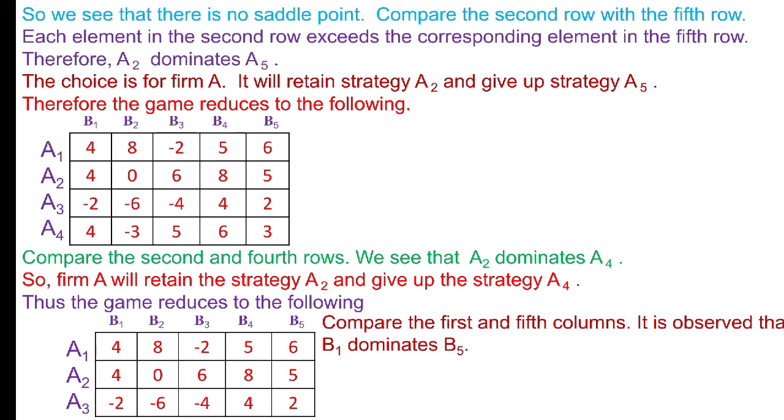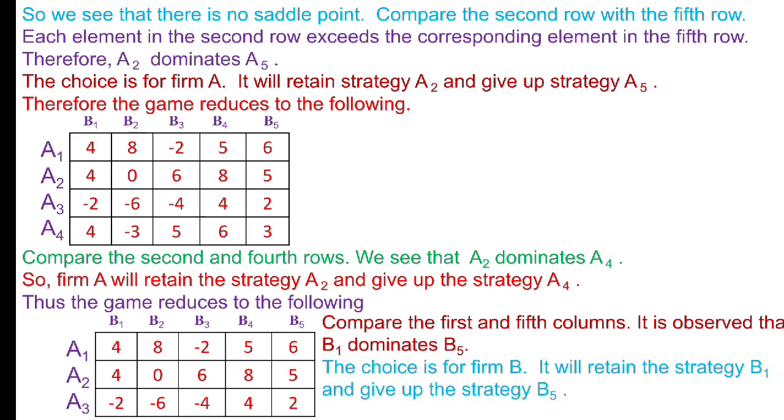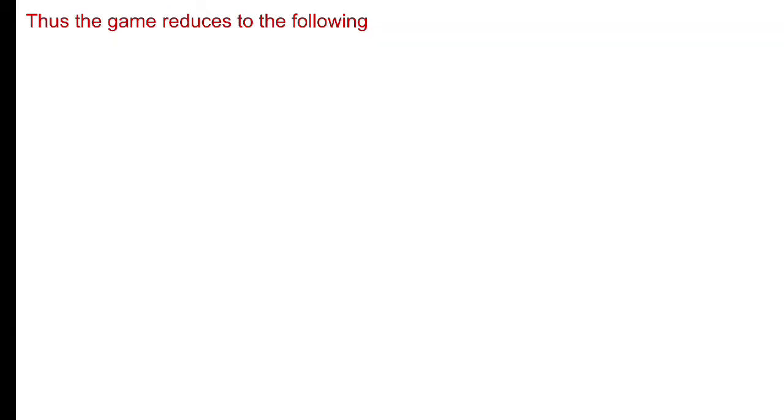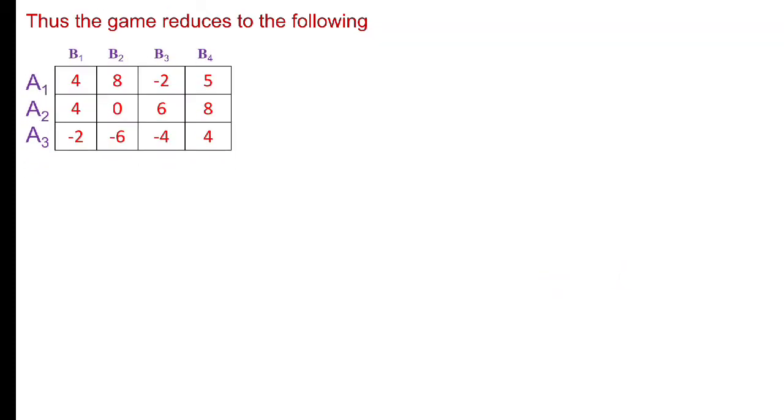Row minimum, column maximum. This is the deleting procedure. Now the reduced matrix will be in that form. Of the choices for B, it retains B1 and gives up strategy B5. Column maximum deleted. So after deleting B5, we get this matrix.